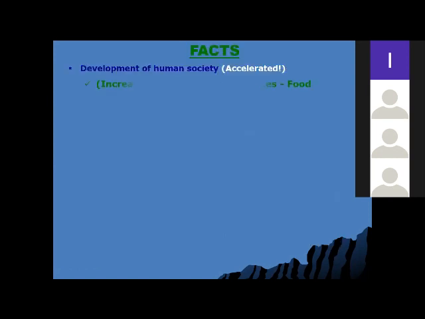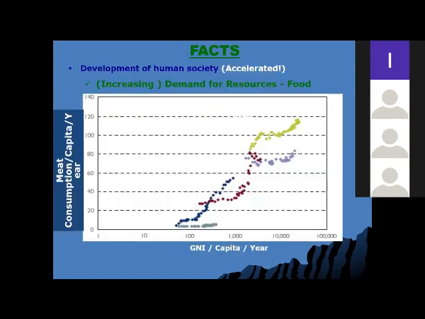And then, of course, development. I'm coming towards the end now. Development of human society has accelerated. This is what has happened to the demand for resources. Take food, for example. Meat consumption has gone up with development. As per capita income goes up, meat consumption goes up.